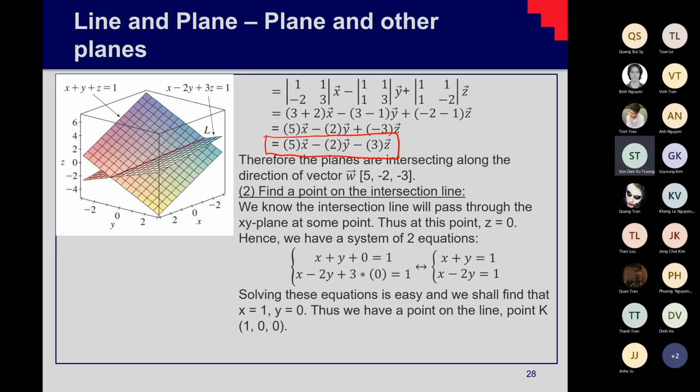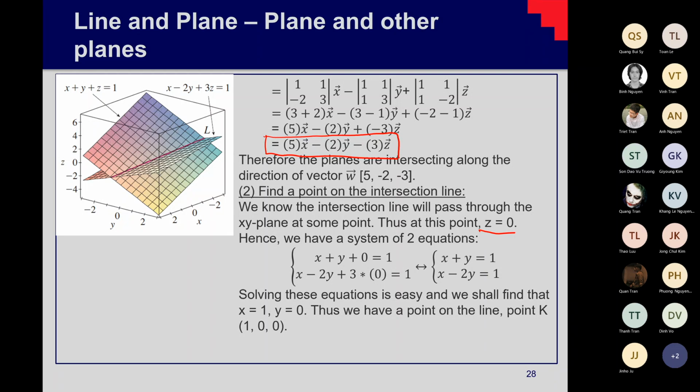The second step is to find a point on the intersection line. As I've mentioned before, the line will extend infinitely, so we can use x equal to 0 or y equal to 0 or z equal to 0 and find the other two. For example, let's say we use z equal to 0 and solve for the other two.